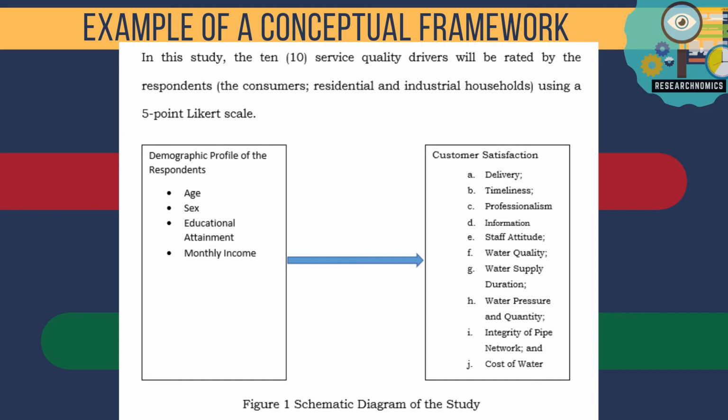And on the other box is the customer satisfaction as indicated in the aforementioned service quality drivers, and it is indicated one after the other. This shows that there is a potential relationship, or a potential impact of the demographic profile on the customer satisfaction.